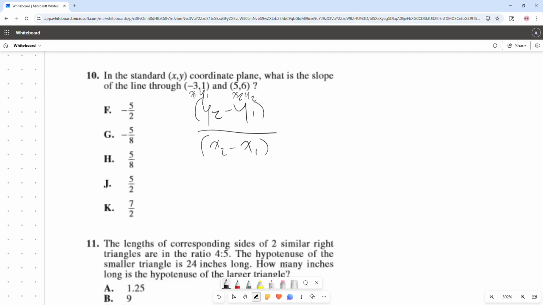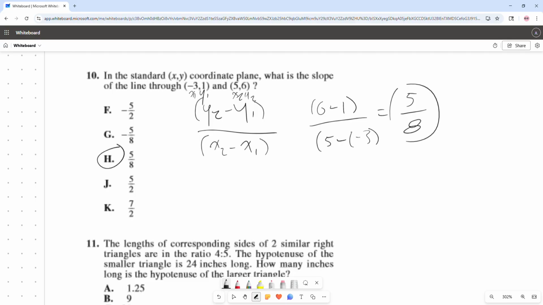So y2, 6 minus y1, 1 over x2, 5 minus x1, which is -3. And this should be 5/8, which is H. That's your correct answer.